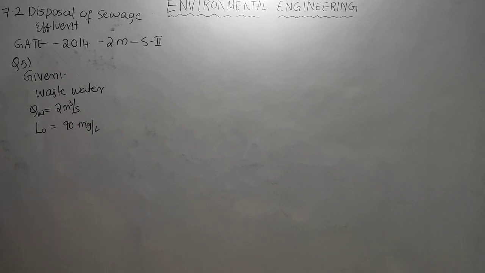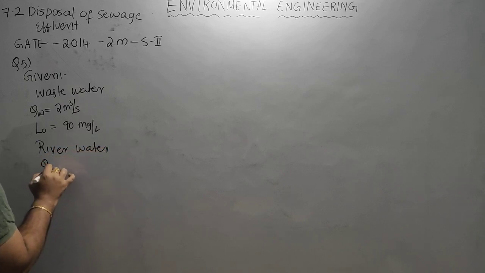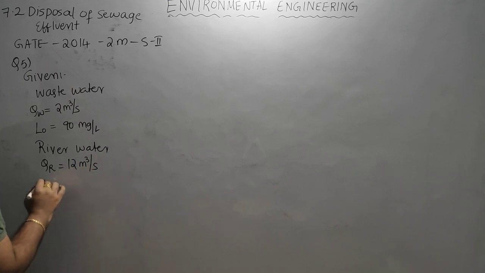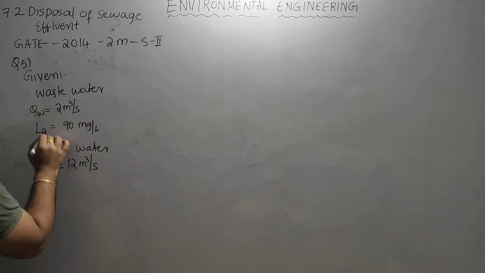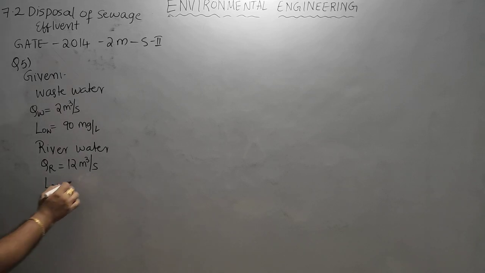It is joining a river, so for river water QR is equal to 12 meter cube per second and L0 of river is 5 mg per liter.